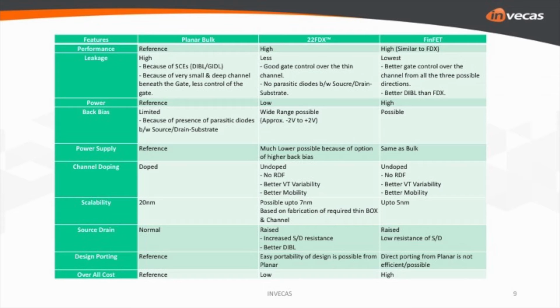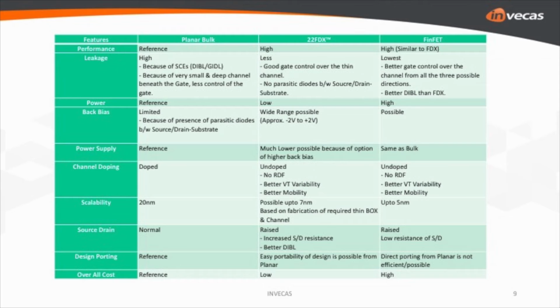How does 22FDX stand in comparison with a reference of a planar bulk process and the already popular FinFET process? So when it comes to performance, if we consider the planar bulk process as the reference, 22FDX is certainly higher in performance, and FinFET certainly is at par with 22FDX when it comes to performance.